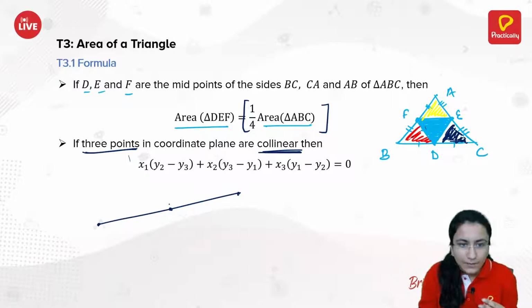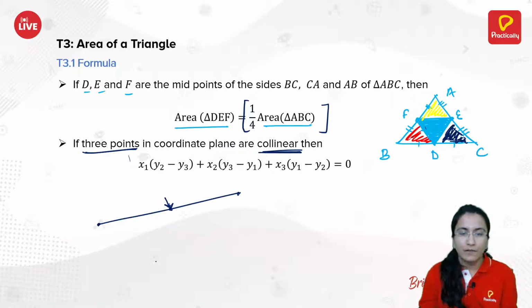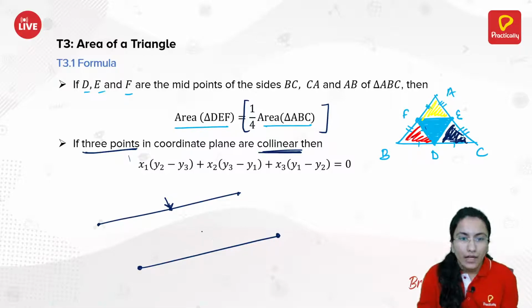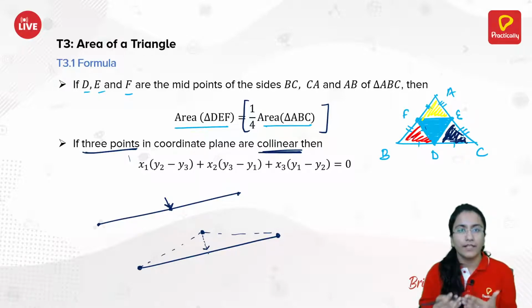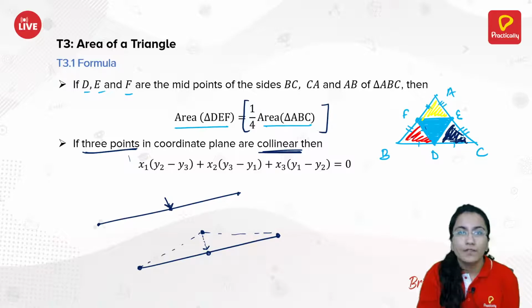Basically, if you have 2 points here, I'll just plot it. You have a point over here, that means it will form a triangle. Bring this point closer and closer, the area will decrease. And once the point is on this line segment, the area will become 0.